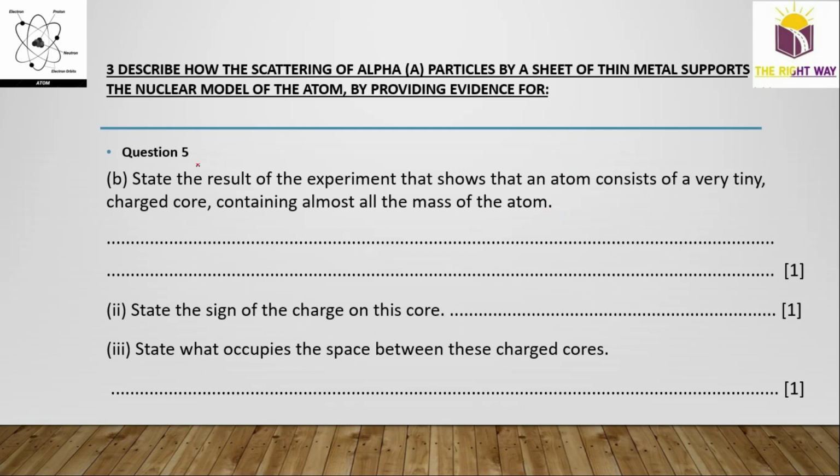Question number 5, same question. State the result of the experiment that showed that an atom consists of a very tiny charged core containing almost all the mass of the atom.